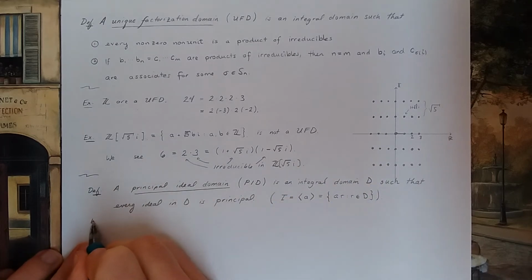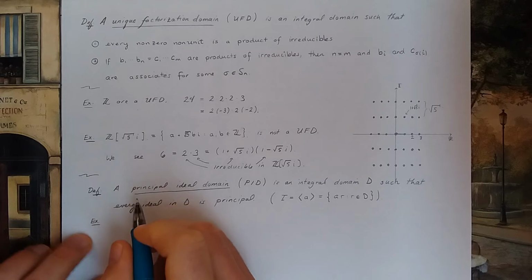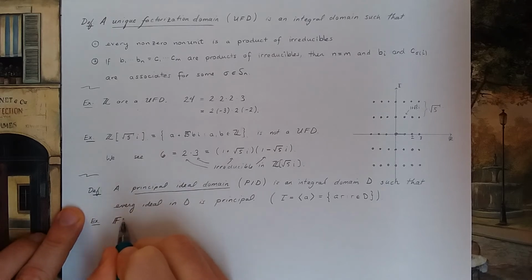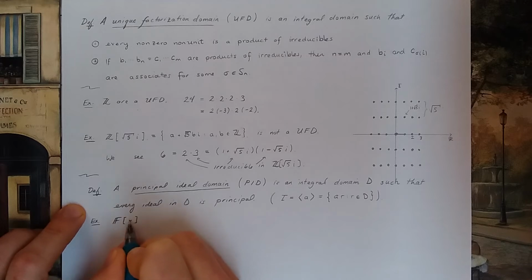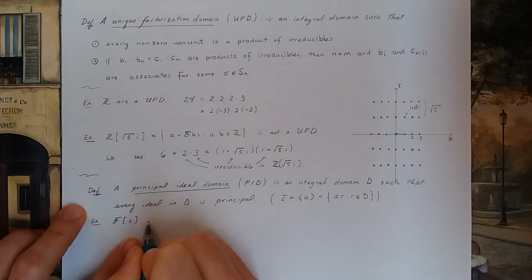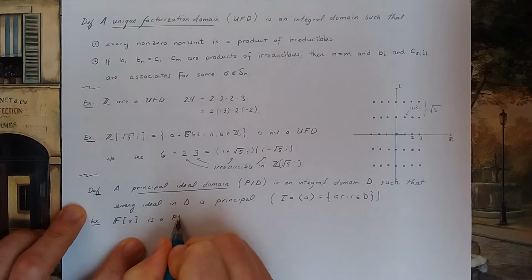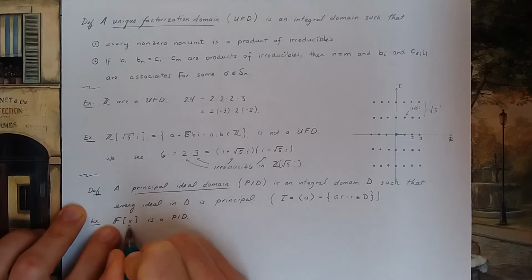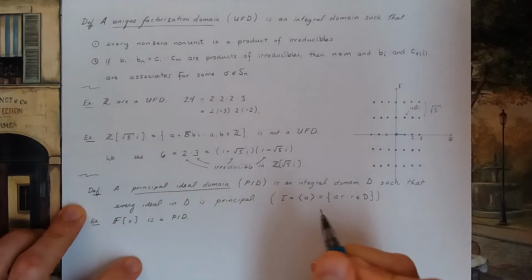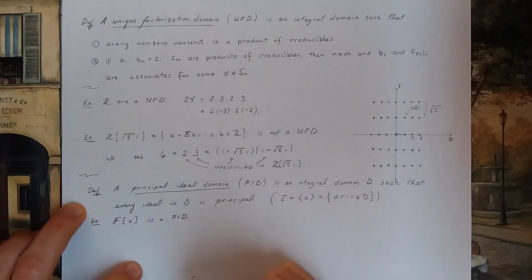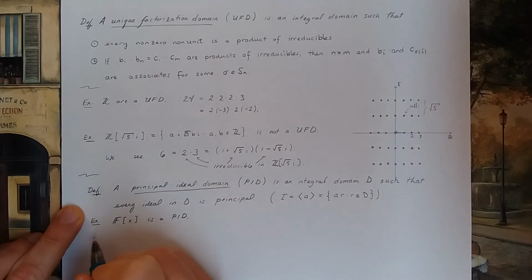Here is an example. We've already proved that if you have a field, then polynomials over that field is a PID. That was one of the theorems that we proved about polynomials over fields. They're generated by a single polynomial. Let me give you a non-example to finish this video.